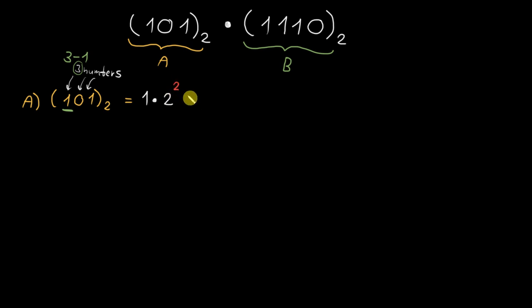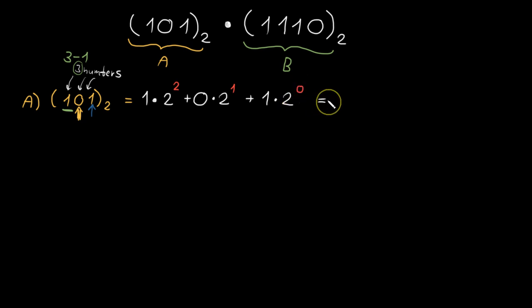Let's continue on. We have 0 right here, which simply is 0 times 2 to the power of 1. And lastly, we have the number 1, and we write down 1 times 2 to the power of 0.